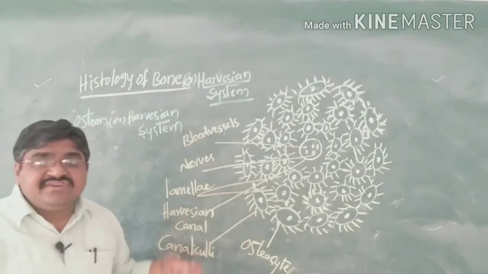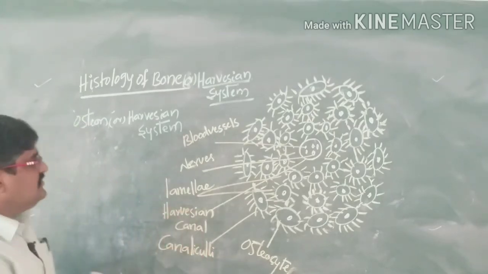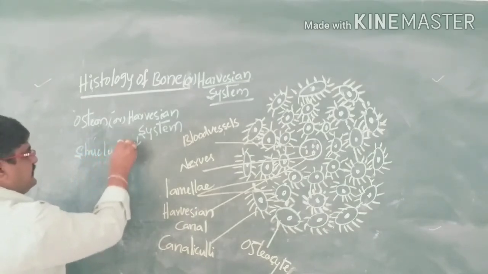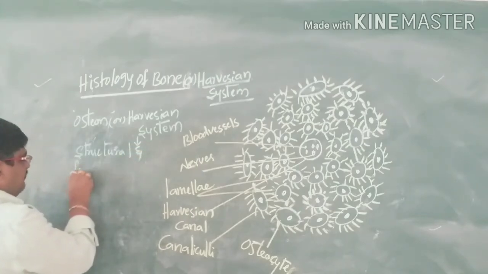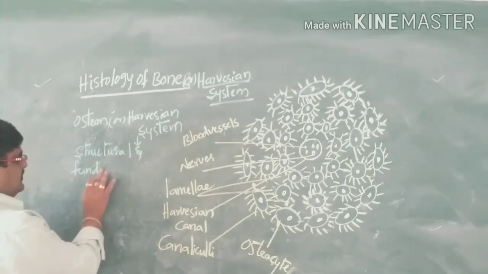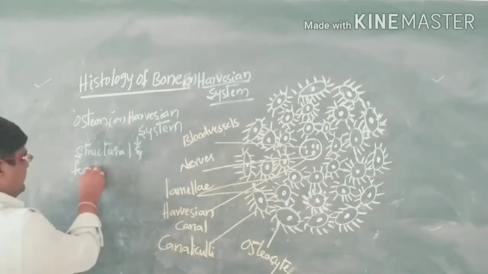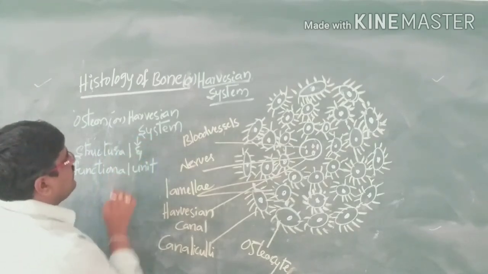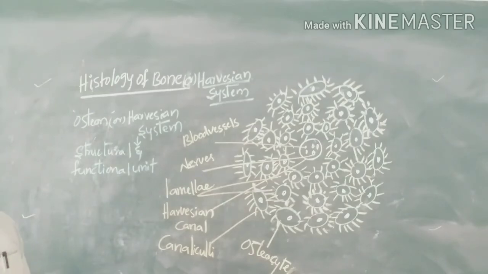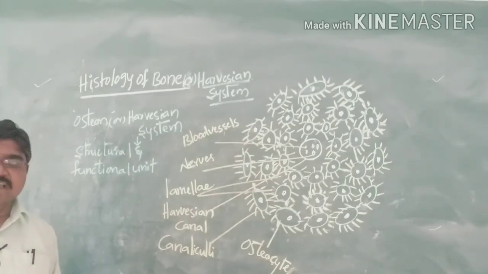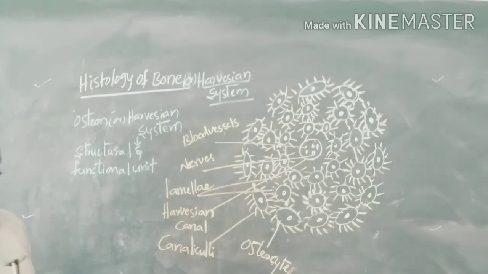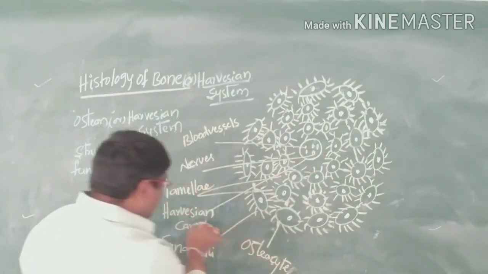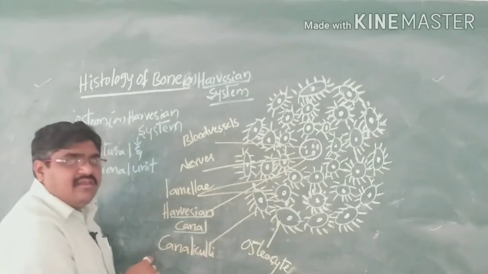It is a structural and a functional unit of a bone, we can call as an osteon, or otherwise we can call as the Haversian system.